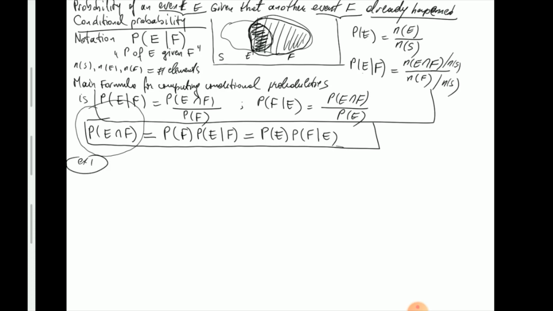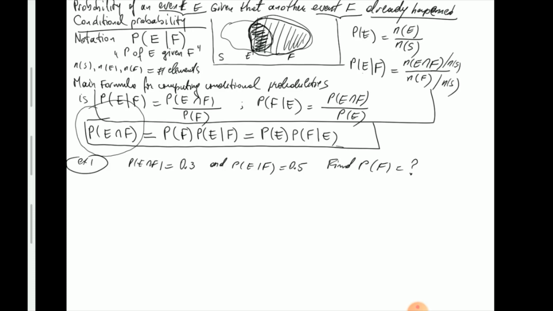Suppose that P of E and F is equal to 0.3 and P of E given F, so you are given a conditional as well, let's say it's 0.5. And then the question is to find the probability of F.